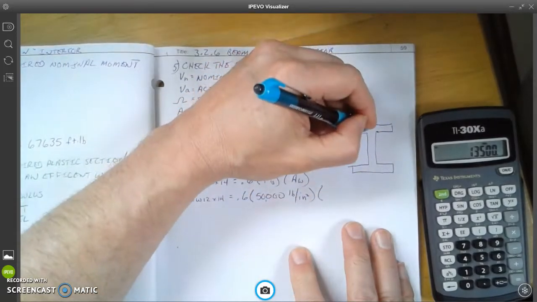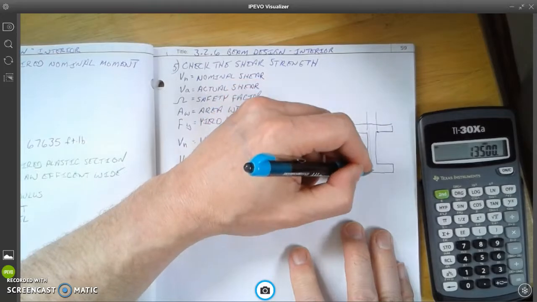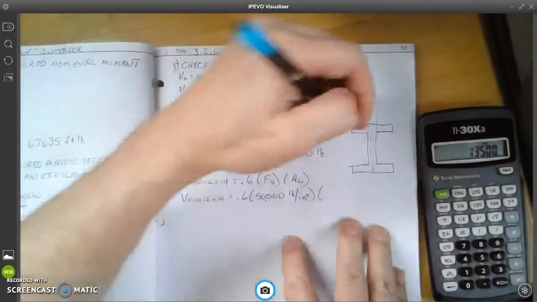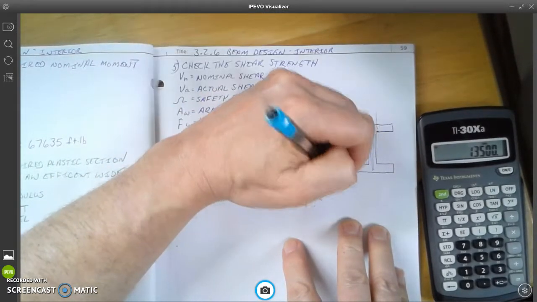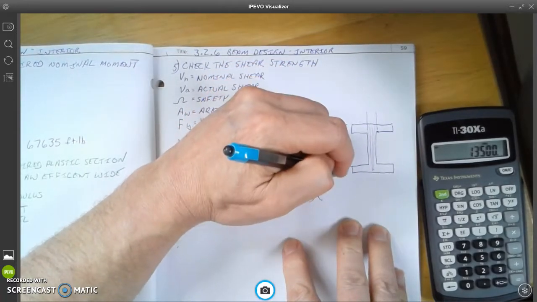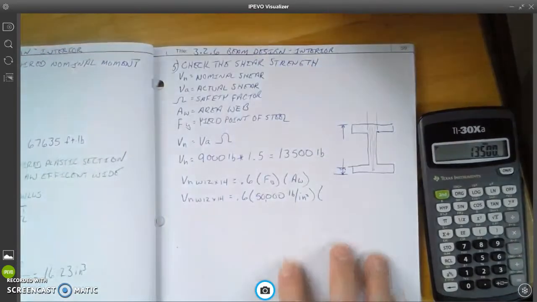So what we need to do is we need to know what the width is of the web. This area right in here, this is what's doing all the work in shear strength. And we also need to know the height. The height goes down to the bottom, so from the top to the bottom of this beam.